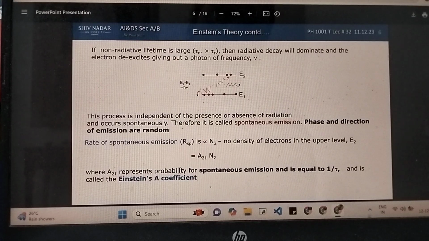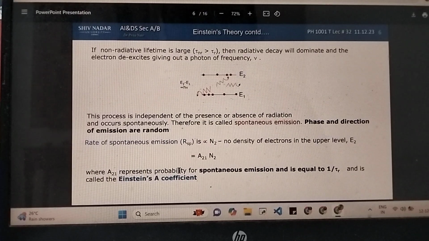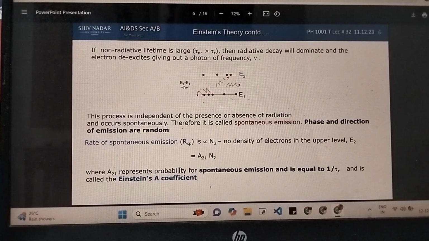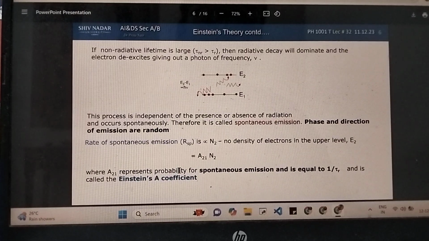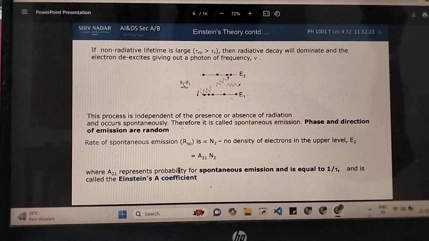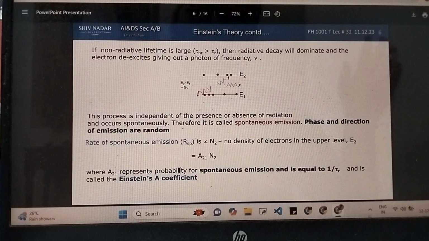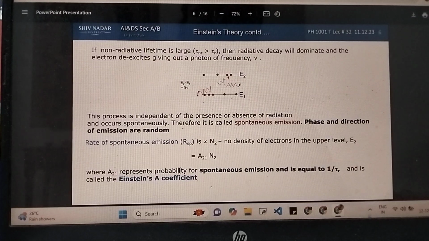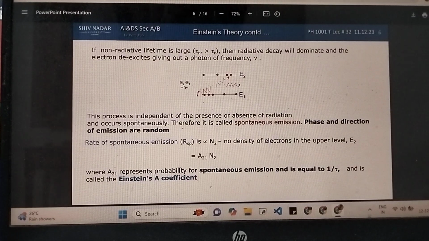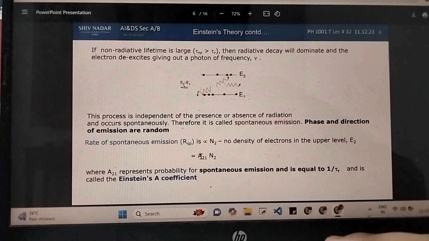Someone who got less energy might want to come back quickly. And there are other factors, the orientation of the electrons and so many other things. So the probability that spontaneous emission happens is a valid thing. Although spontaneous emission will happen, the probability that it will happen at any given time is not a constant, which is why we have this probability term.